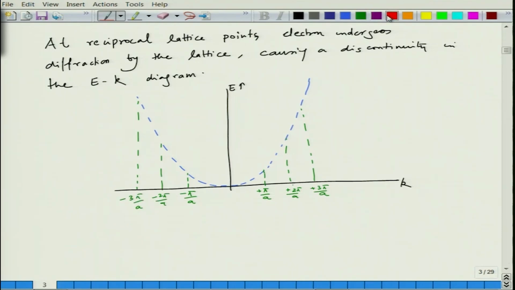So, what happens upon diffraction? We cannot go into details of diffraction theory, unfortunately.